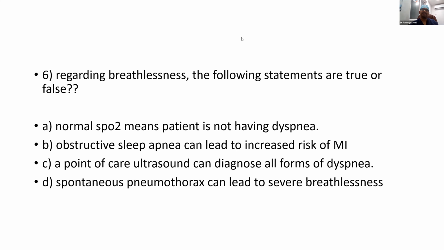Okay, this is what patients will typically feel, or the attenders might tell you. A normal SpO2 does not mean the patient has no dyspnea. He might have dyspnea because the body is still compensating. He might still have other symptoms. See, dyspnea or the feeling of distress can be multiple things. It need not be just an oxygenation or a cardiac problem. It can be due to other possibilities. So these are the things you have to look for.